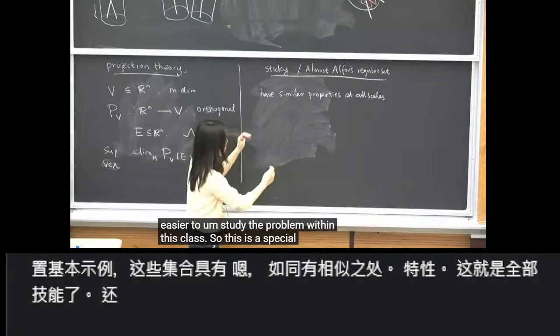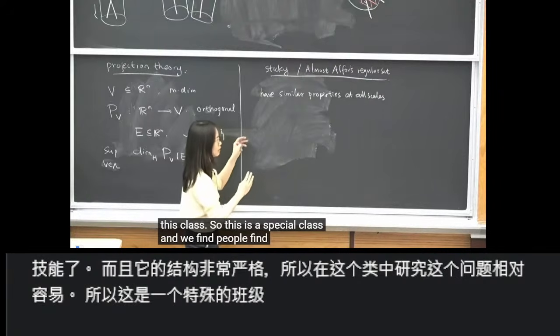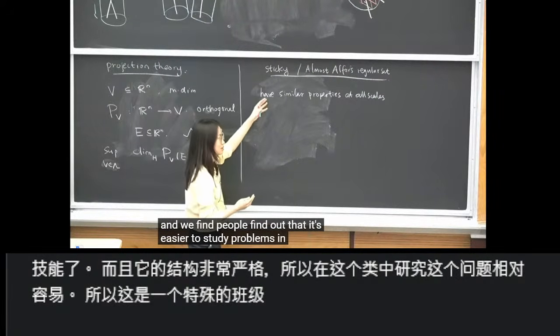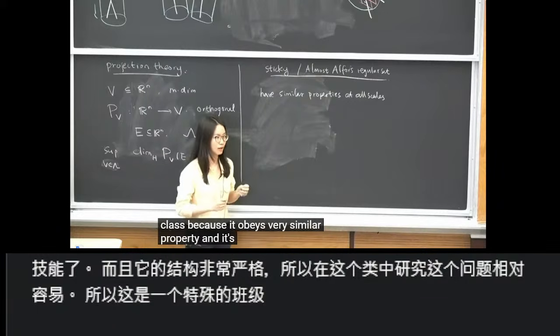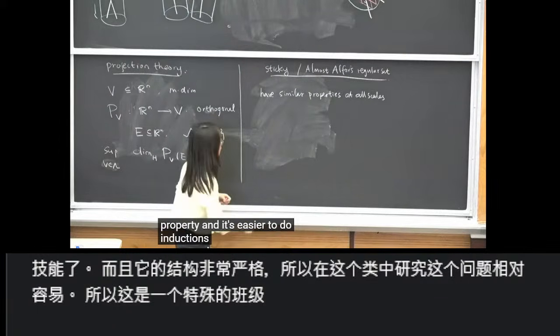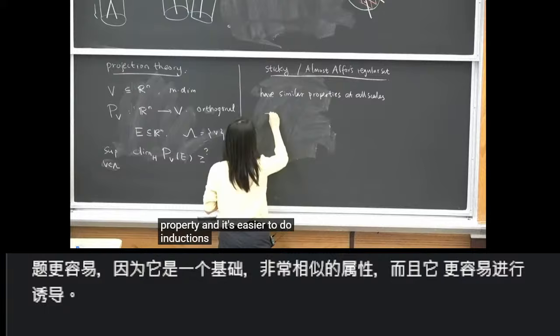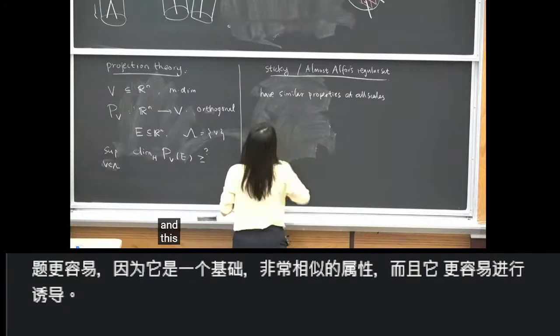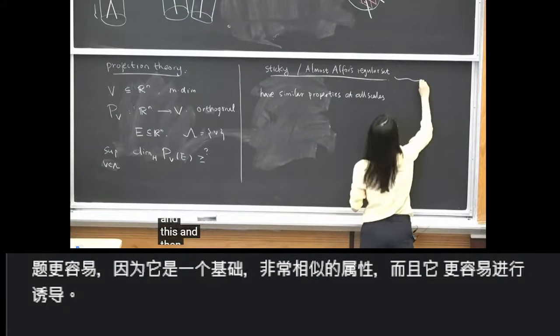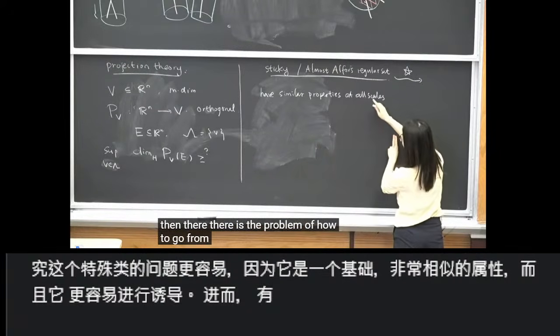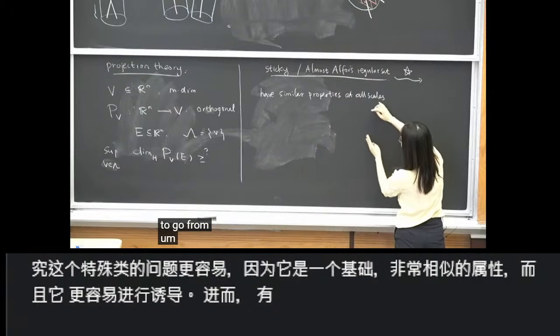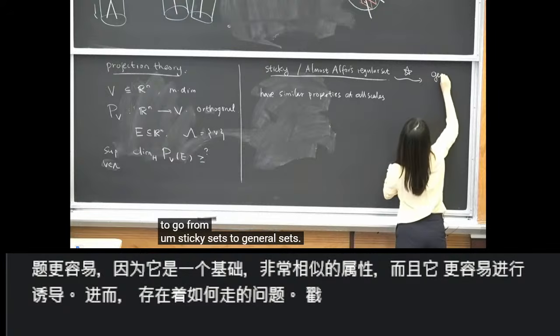So this is a special class, and people found that it's easier to study problems in this special class because it obeys very similar properties at all scales and it's easier to do induction. And then there is the problem of how to go from sticky sets to general sets.